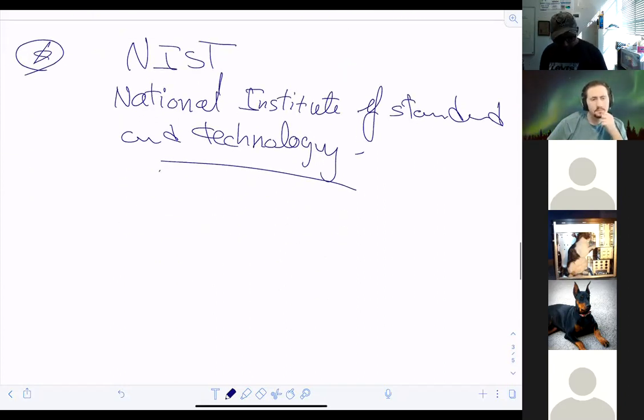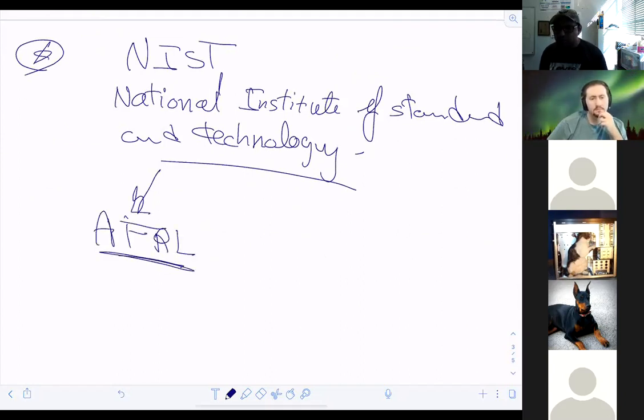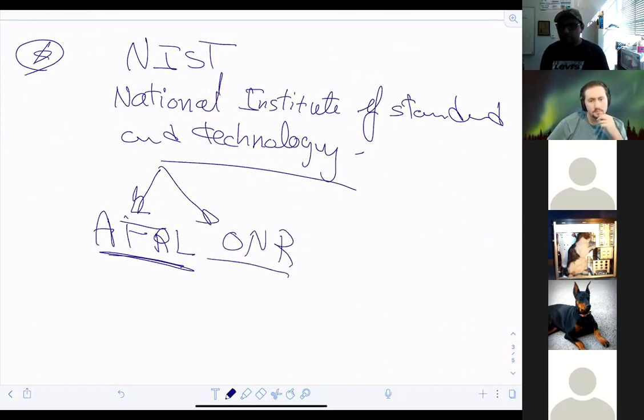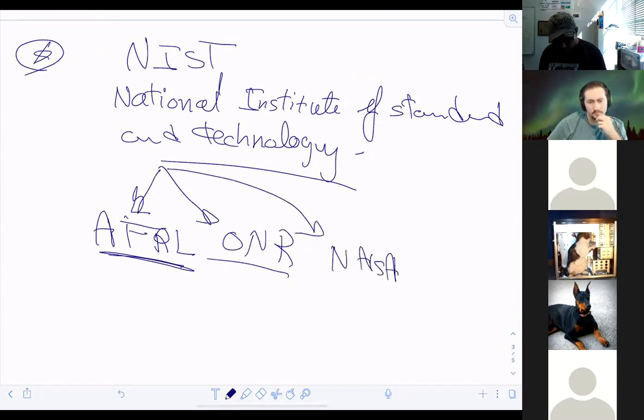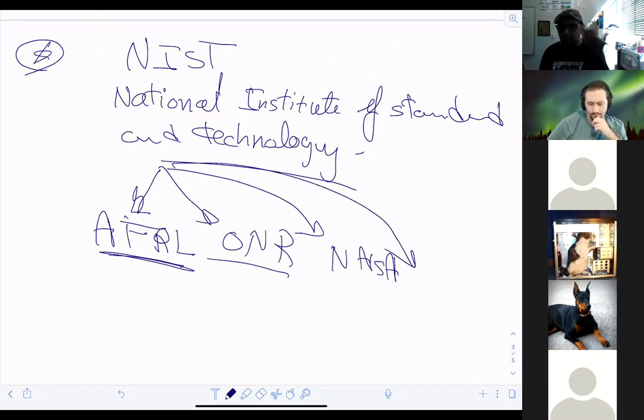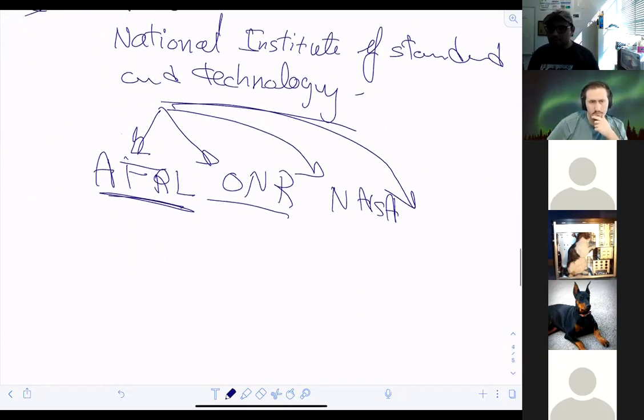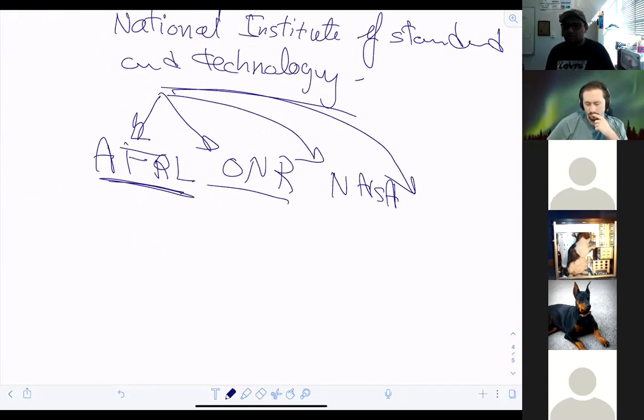And of course, everybody follows AFRL, the Air Force Research Lab, ONR, the Navy and military research labs, NASA, and all of the commercial space companies like SpaceX, Dragon, whatever, all of those guys have to follow the standard. So that's actually the standard.